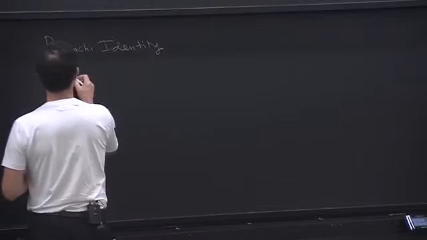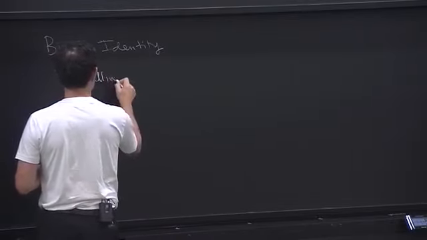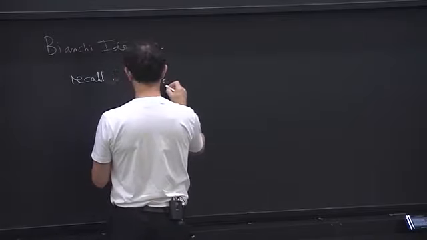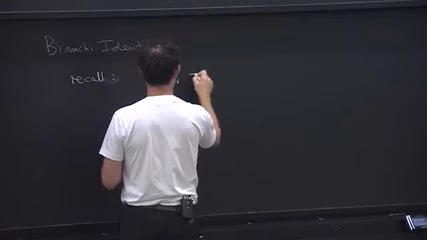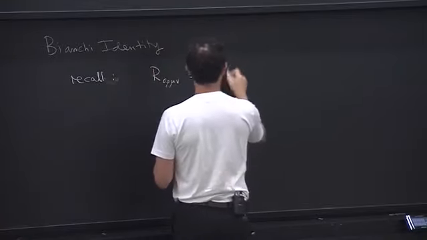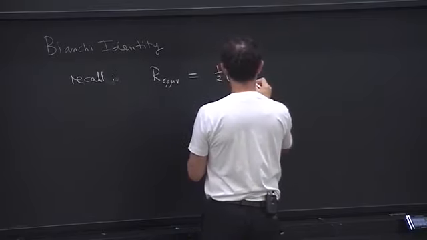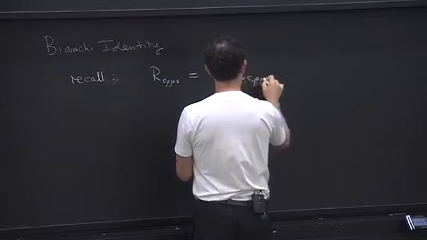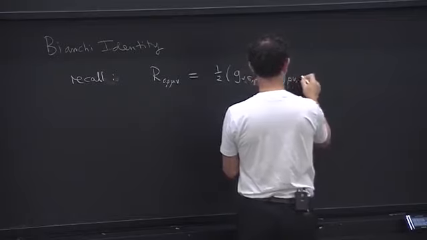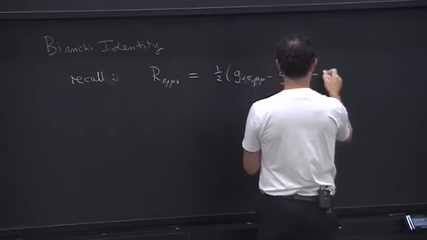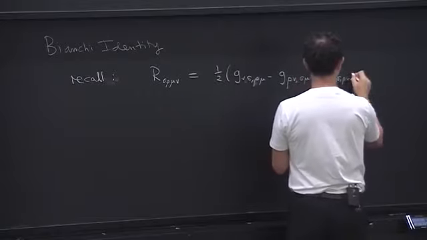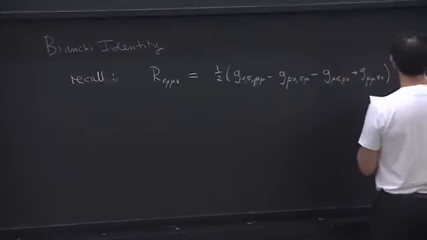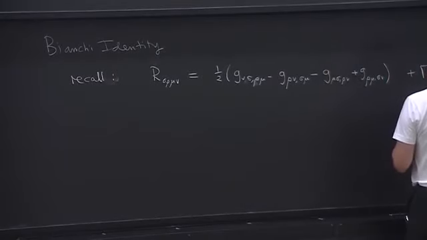And so it begins by recalling that if we wrote the Riemann tensor with lowered indices, this was a half G nu sigma rho mu minus G rho nu sigma mu minus G mu sigma rho nu plus G rho mu sigma nu plus gamma terms.